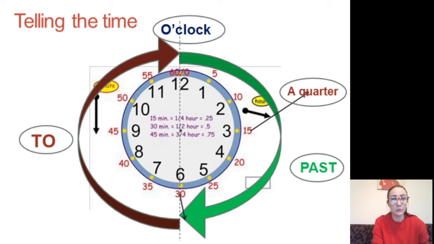And once we reach the 30 minutes of the hour, we say half past. Now let's have a look at some examples and the schema that I have prepared for you.